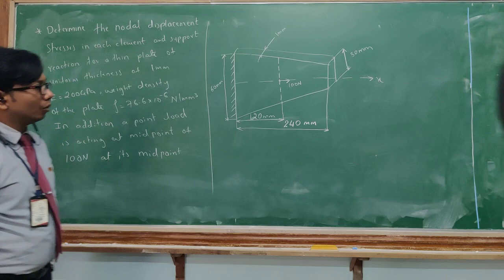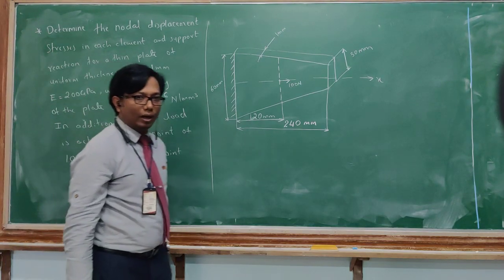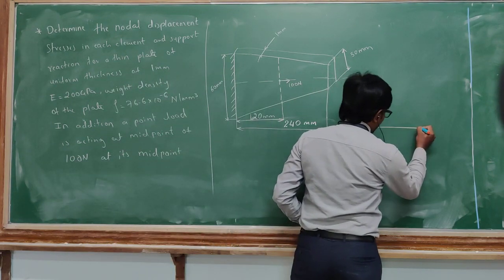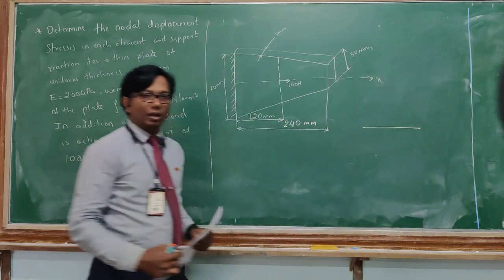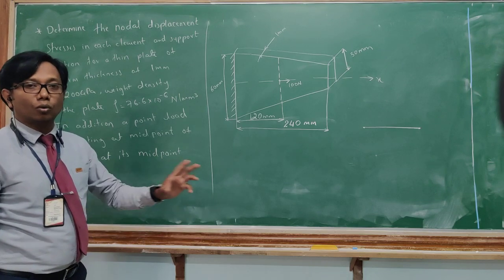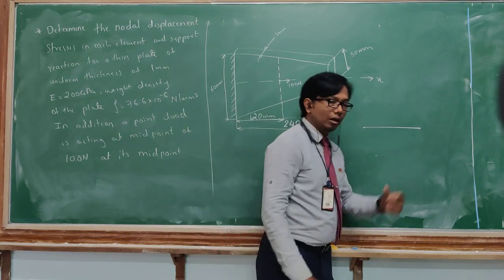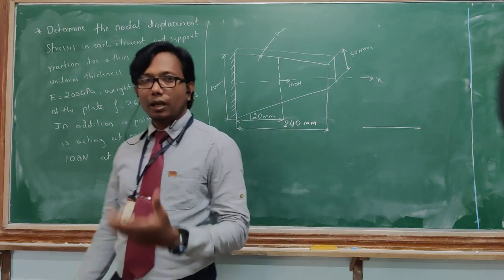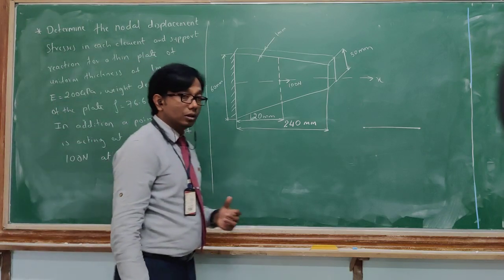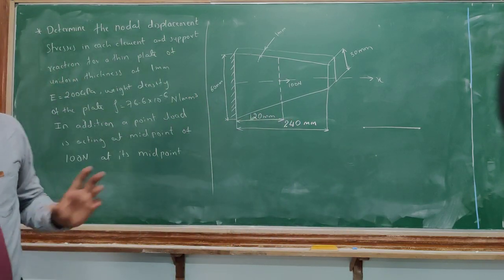Here we will encounter one problem: we cannot directly use a 1D bar element. Whenever we use a 1D bar element, the assumption is that the area of cross section is constant throughout its length. Only then can I use this element, otherwise I cannot use it to solve the problem.